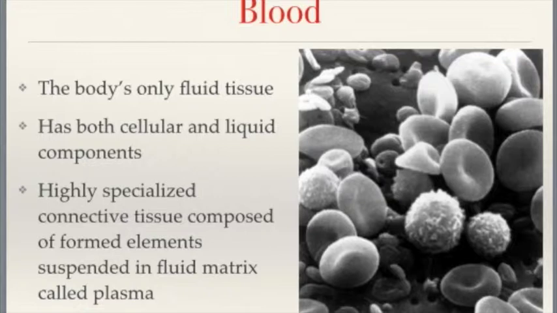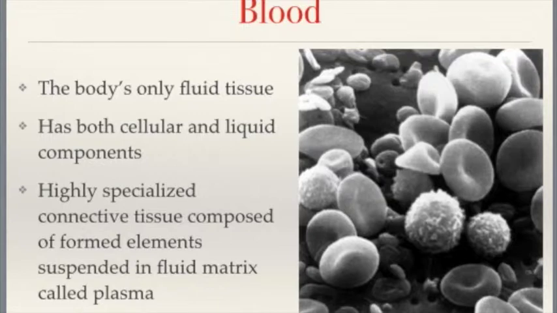Blood's, like I said here, a highly specialized connective tissue composed of formed elements, which are cells and platelets: red blood cells, white blood cells, platelets, suspended in a fluid extracellular matrix that we call plasma.